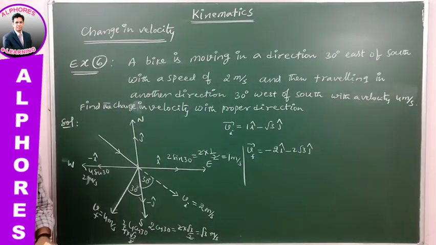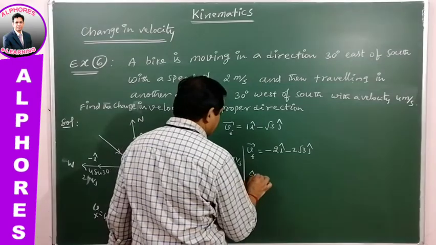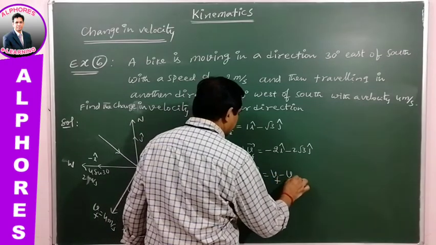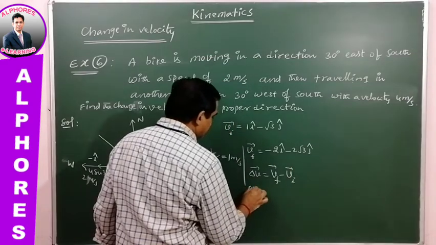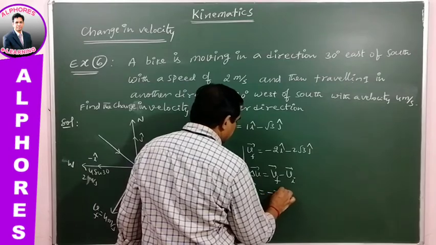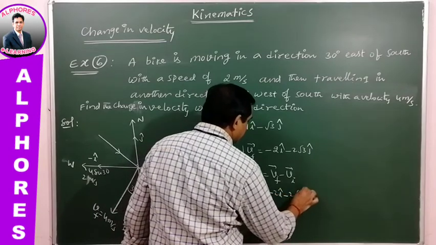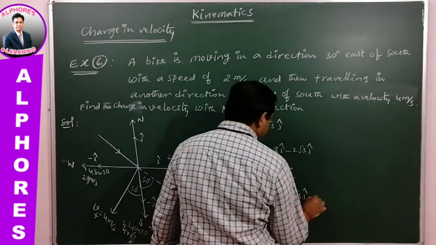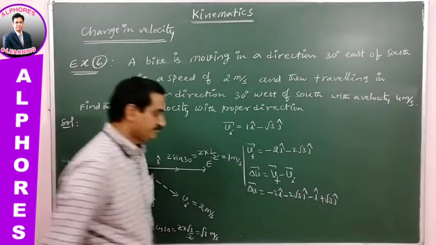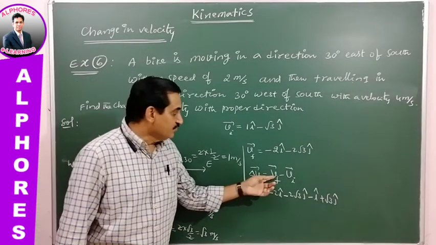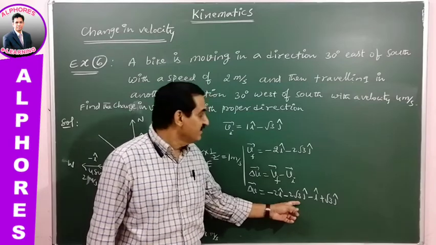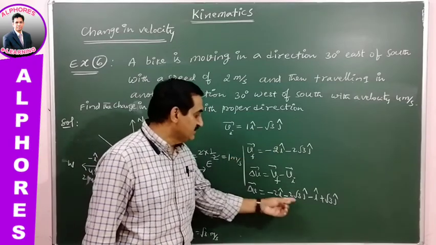Two velocities are developed, then change in velocity delta V is equal to V final minus V initial, right? So V final is minus 2I minus 2 root 3 j, minus the initial, I minus root 3 j.